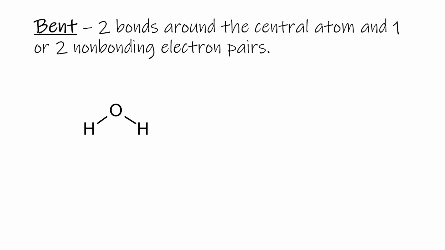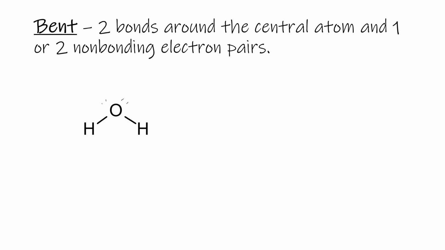The next one is bent. In bent molecules, you are going to have two bonding electron pairs around the central atom, and then one or two non-bonding electron pairs. In our example of water, there are two pairs of non-bonding electrons that take up space, and then two single bonds around it.